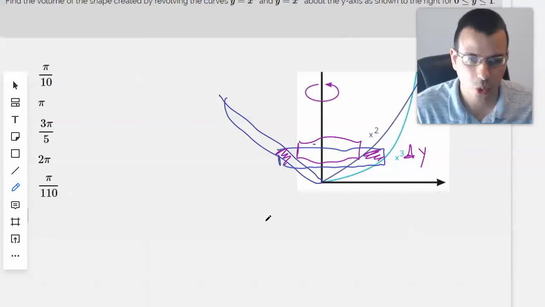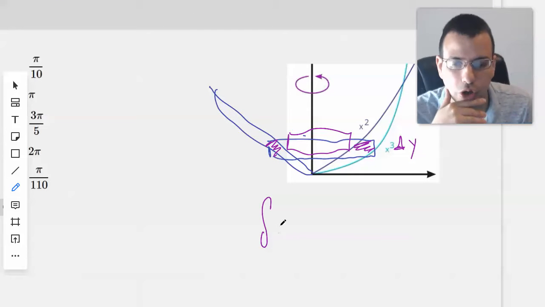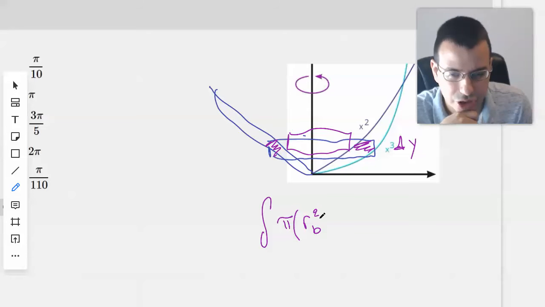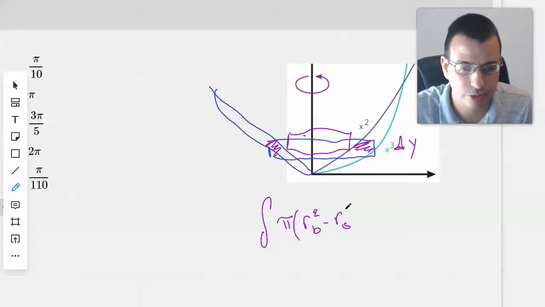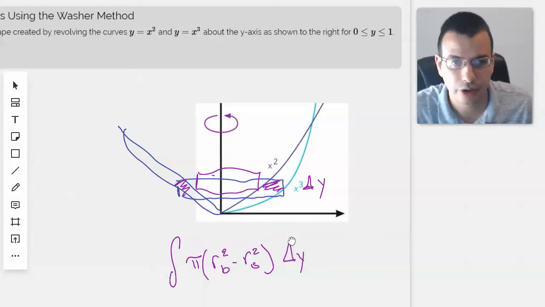So when we write this equation out, we're going to do it like so. What I like to do is pi, R big squared minus r small squared, delta y, and we'll go from 0 to 1.